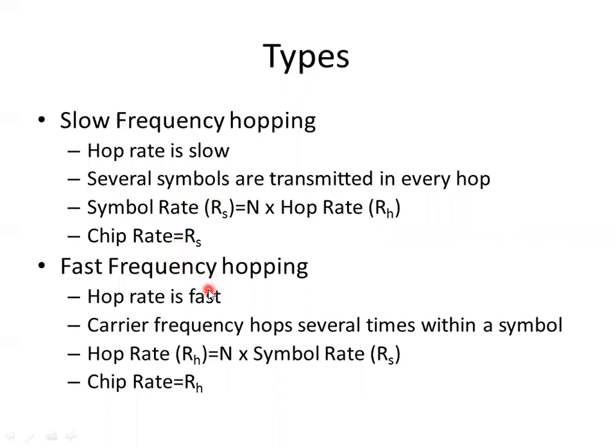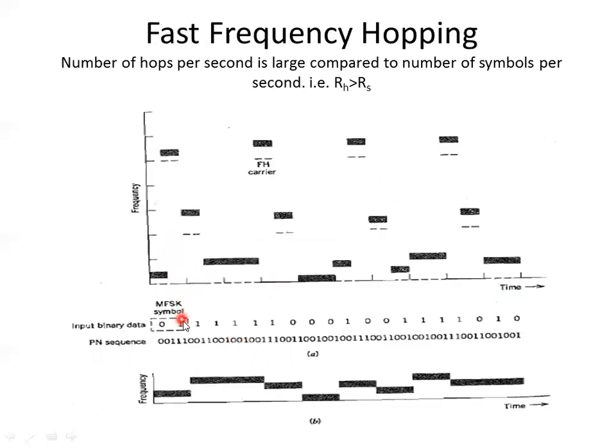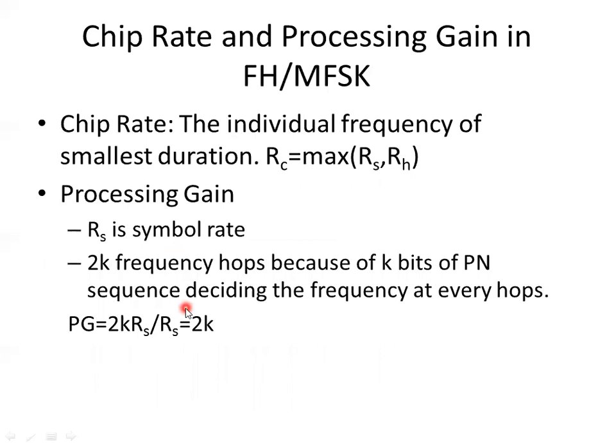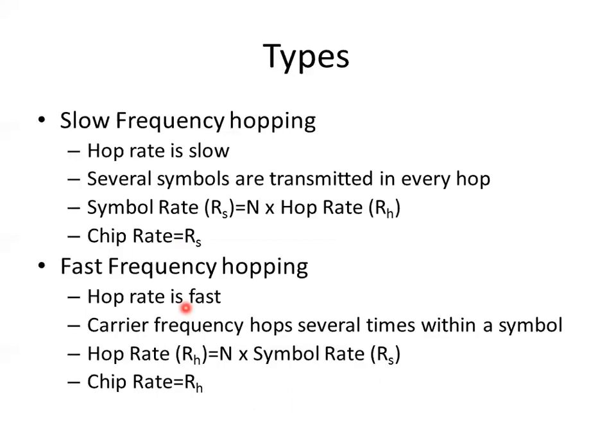Similarly, in fast frequency hopping, the hop rate is fast, the carrier frequency hops several times within a symbol. Within a symbol, how many hops has the carrier frequency taken here? 2 hops. That means one symbol is transmitted in 2 hops in this example. And hop rate is n times symbol rate.